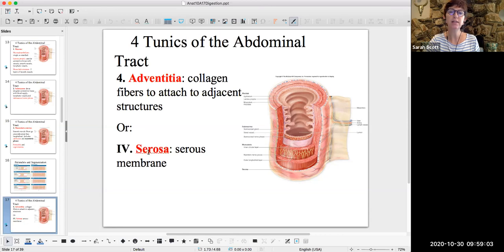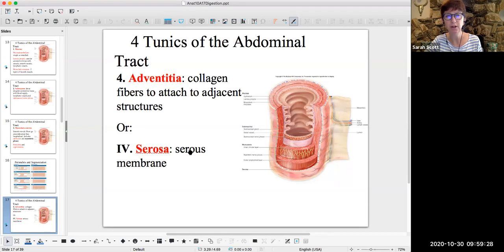On the other hand, this outermost layer can also be called serosa, which means this is serous membrane. Remember, we find serous membrane in either the thoracic cavity or the abdominal cavity. So the outermost tunic will be serosa when we're looking at something like the small intestine or the large intestine. And that's when we get into the different mesenteries.